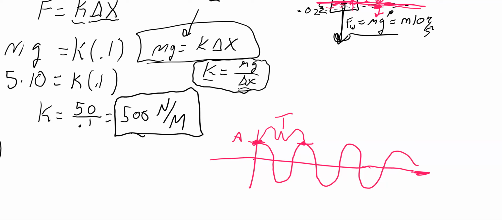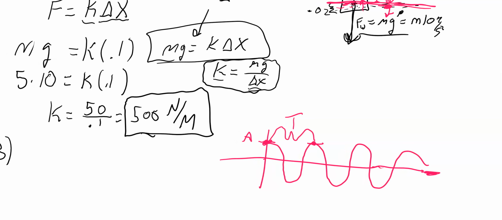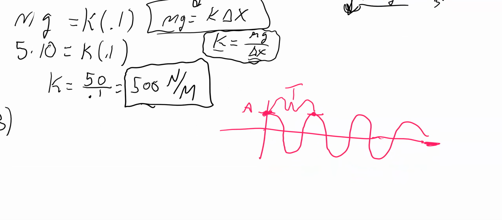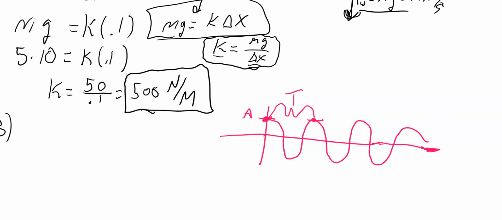Okay, so the amplitude, believe it or not, we can just pull right out of the problem. If you tug it 2 centimeters away from its new equilibrium position, its amplitude will be 2 centimeters. A really easy way to see that that's true is if you have a spring and you tug on it and you're holding it and it's displaced from equilibrium, then it's got a little bit of extra potential energy.